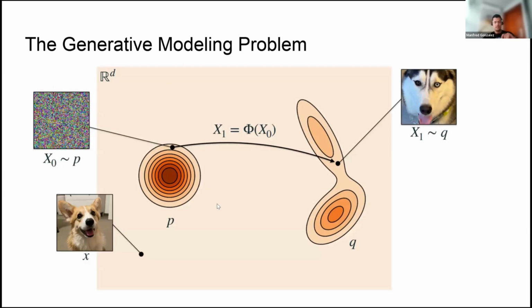And you sample an image from this simple distribution. And basically, you want a function phi that will bring x0 to x1. Basically, in flow matching, this phi function is going to be the one that will regress the velocity to sample this velocity at testing time to generate new images.